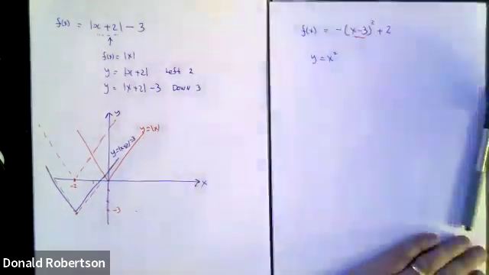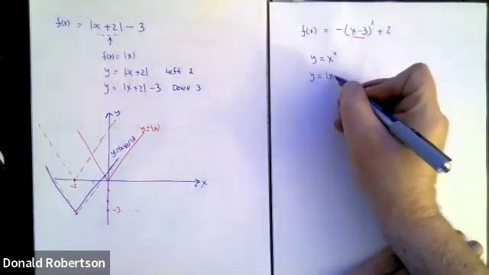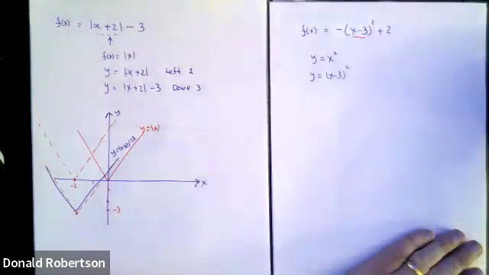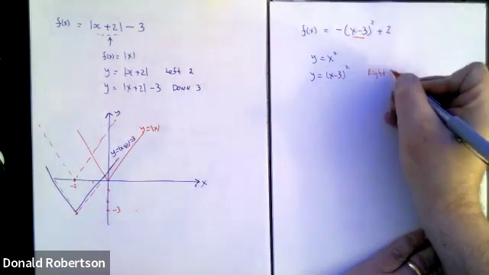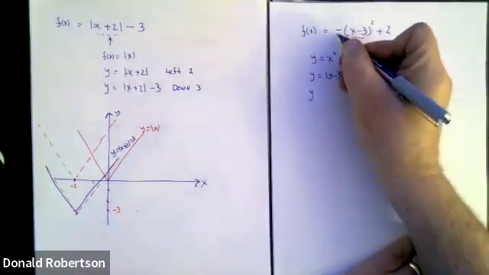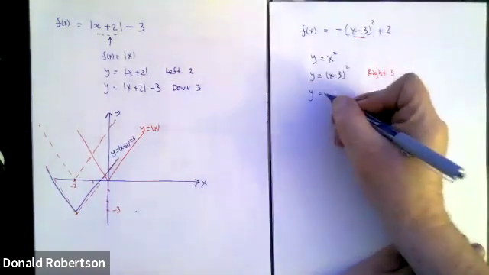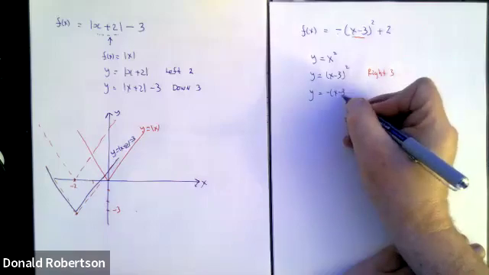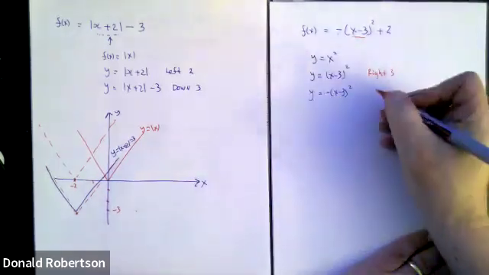Then this one. That would be move the shape to the right 3. Then, right, we do the thing in parenthesis first. Then we take care of this negative. And what does that negative on the outside do?